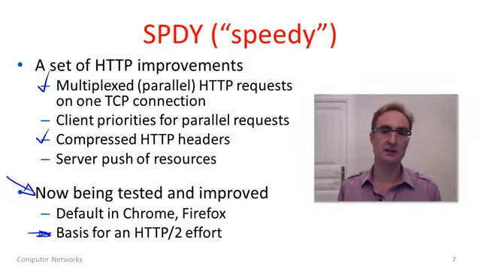With SPDY, the next step in the evolution is to perform these HTTP requests in parallel and to allow the client to change the relative priorities of the parallel downloads. This is so if a client has 3 requests outstanding, they can all come in at once, and the client can tell the server, hey, I think the second one is actually more important, so try and send that first, and then send the rest.